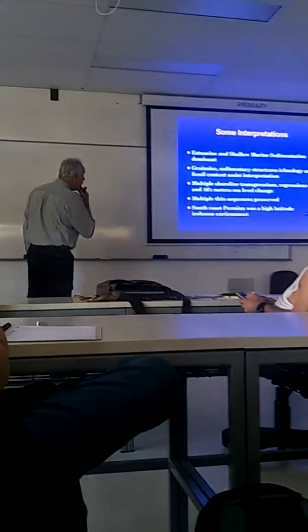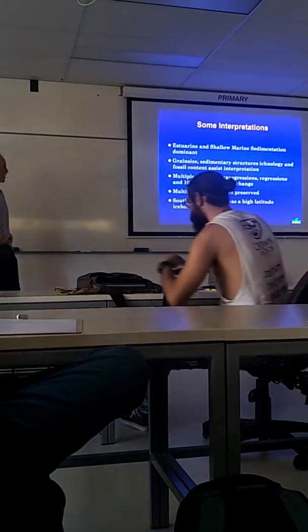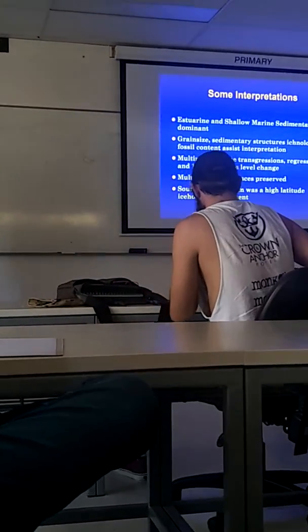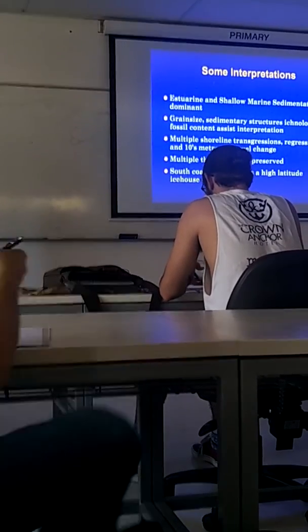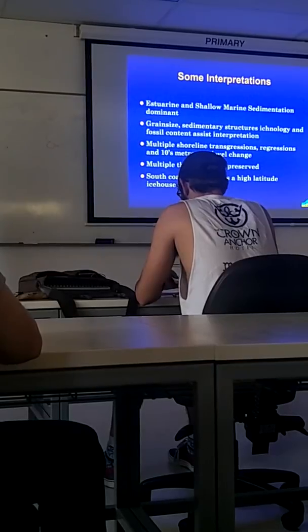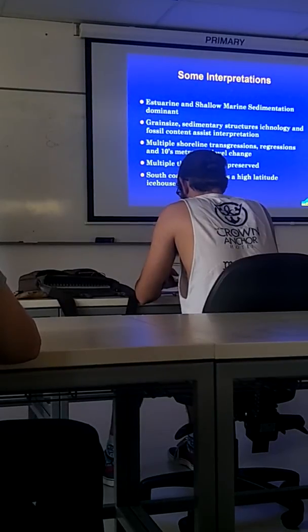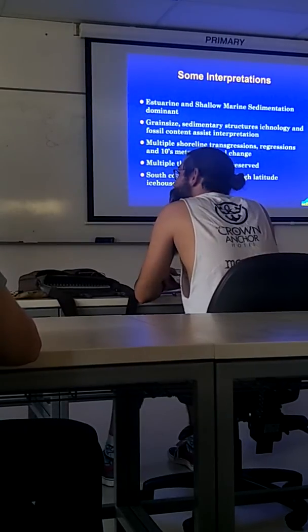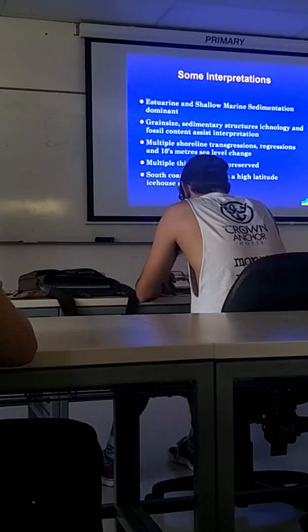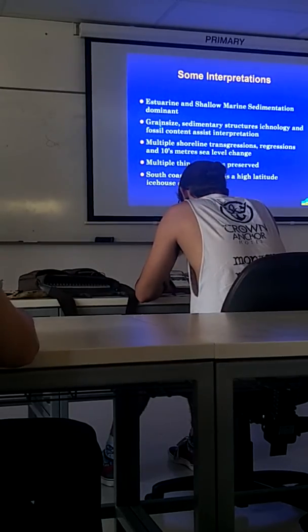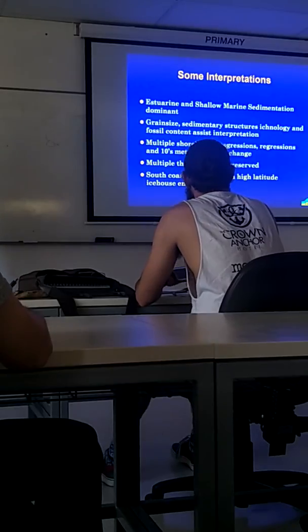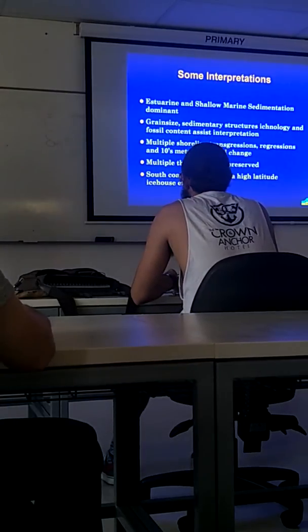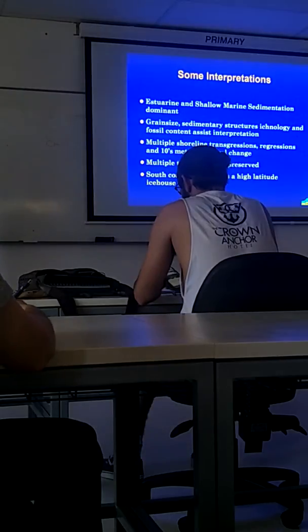What you did, and this is what you got. At the end of the day, you found out that most of what you saw at Clear Point and Pebbly Beach was estuarine and shallow marine sedimentation. When you went there, you didn't know any of this. When you went away, you knew all of this. You knew the grain size, you used sedimentary structures, the trace fossils, and the fossils, the shell content, to help you in those interpretations.